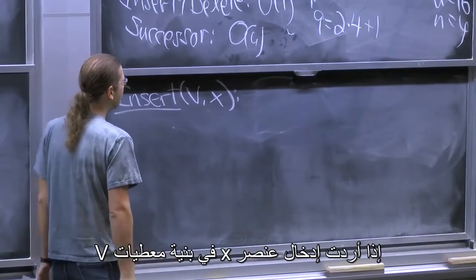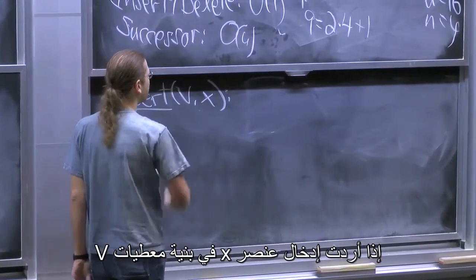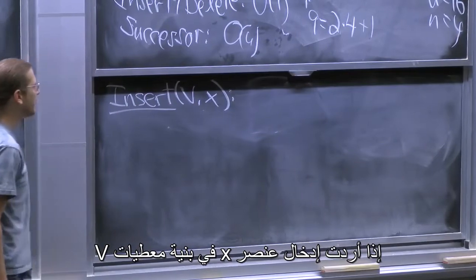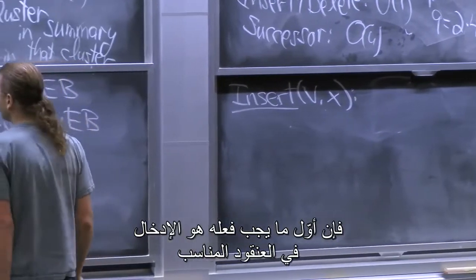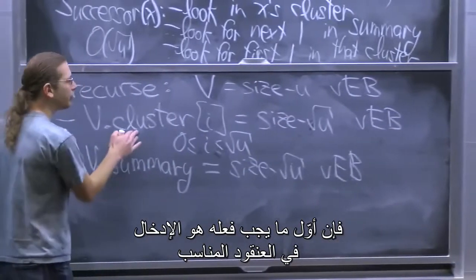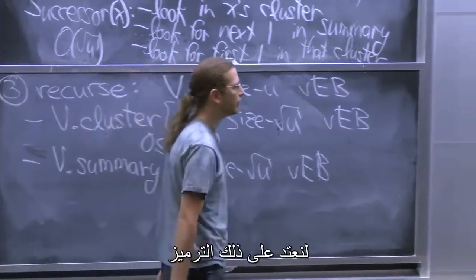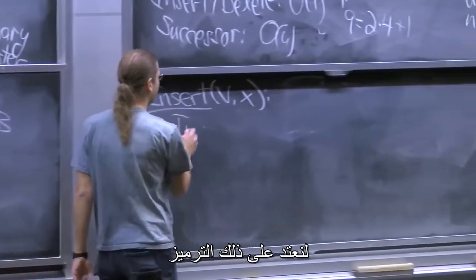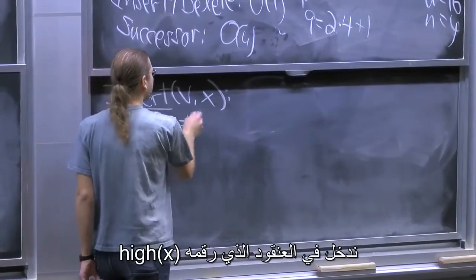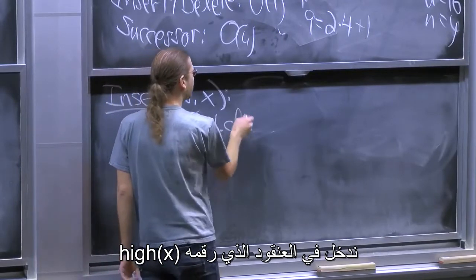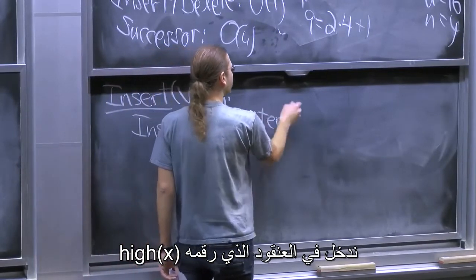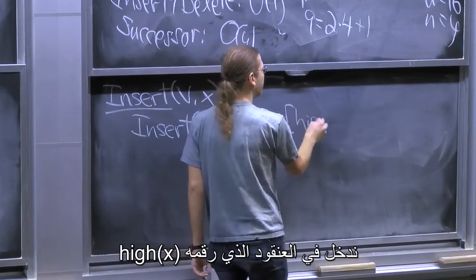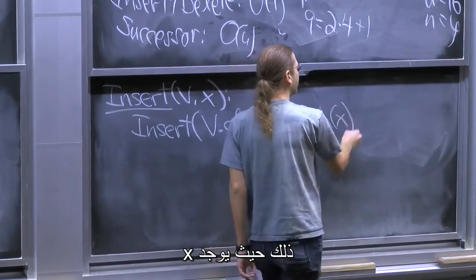So if I want to insert an item x into data structure V, then the first thing I should do is insert into its corresponding cluster. So let's just get comfortable with that notation. We're inserting into the cluster whose number is high of x. That is where x belongs.